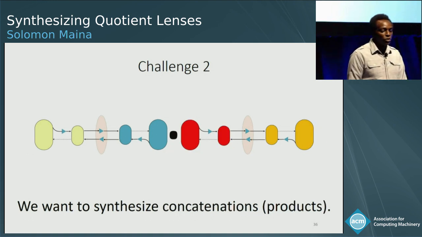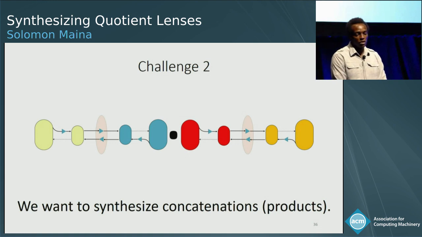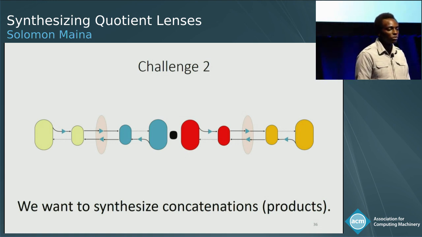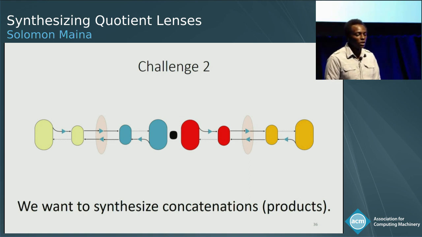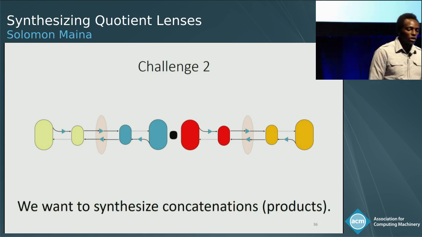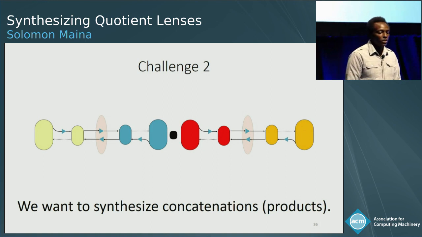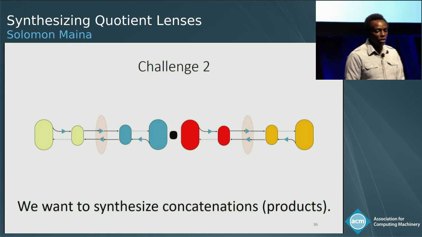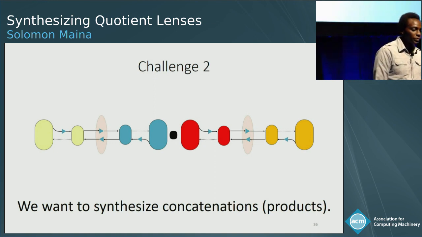We want to be able to synthesize concatenations, or another way to say this is we want to synthesize lenses on product types. So if we have a lens from a source S1 to a target T1, and another lens from S2 to T2, we want to be able to define the lens which, given a pair S1, S2, gives us back a pair T1, T2.